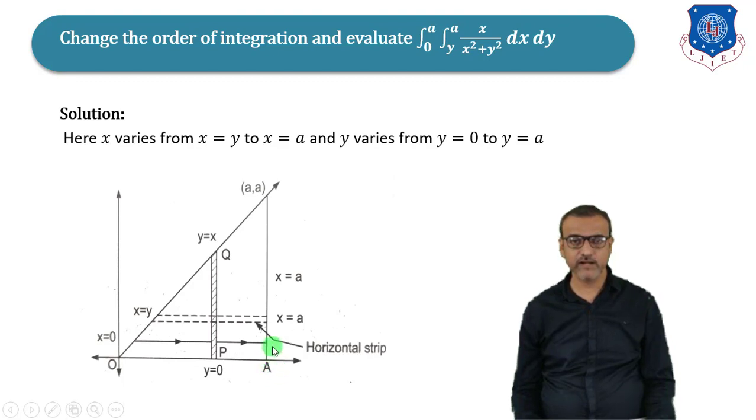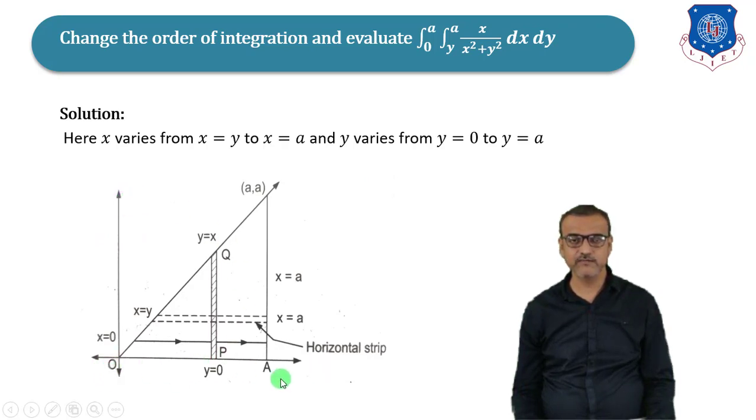Now if you find the intersection point of the line x equals a and y equals x, you will get the point (a, a). Then y equals 0 is nothing but the x axis, and y equals a is a line passing through this point, perpendicular to the y axis and parallel to the x axis.